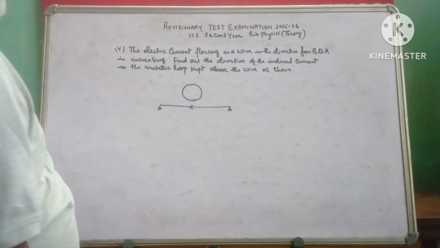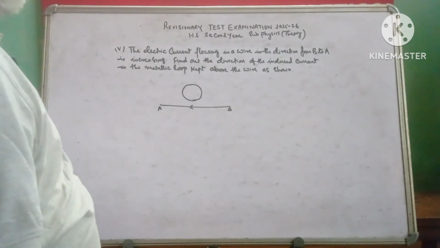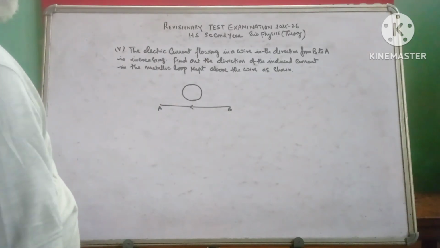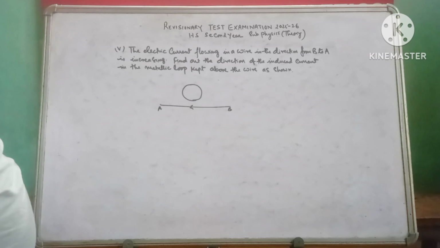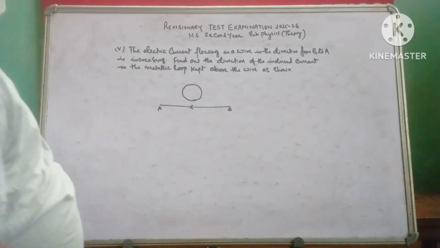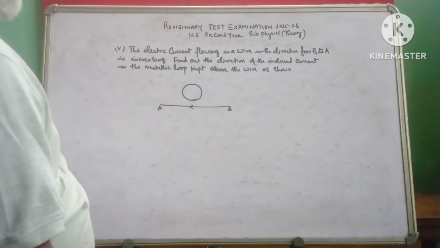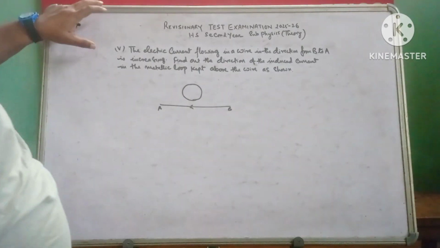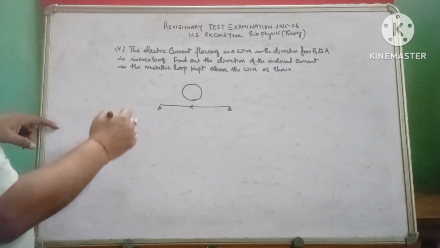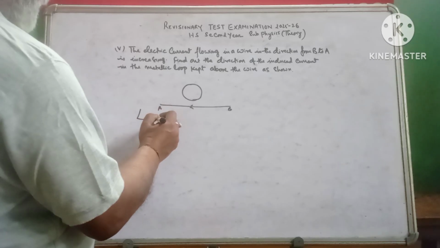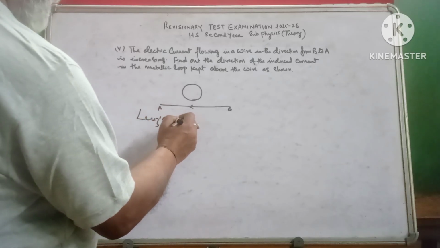Now the next question: the electric current flowing in a wire in the direction from B to A is increasing. Find out the direction of induced current in the loop kept above the wire as shown. Here Lenz's law will be applicable.